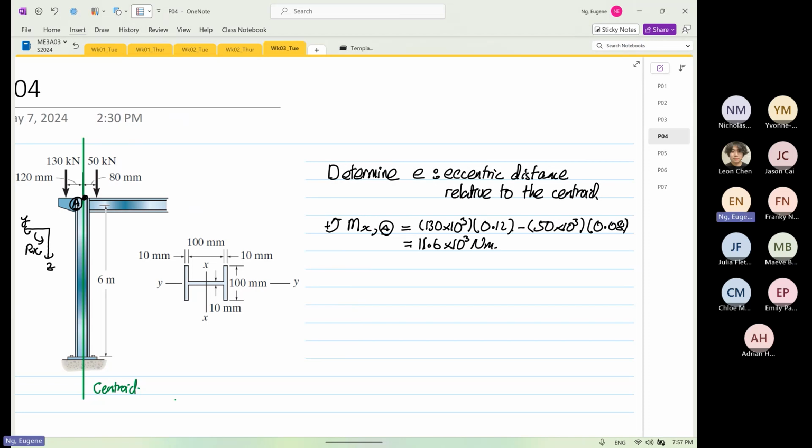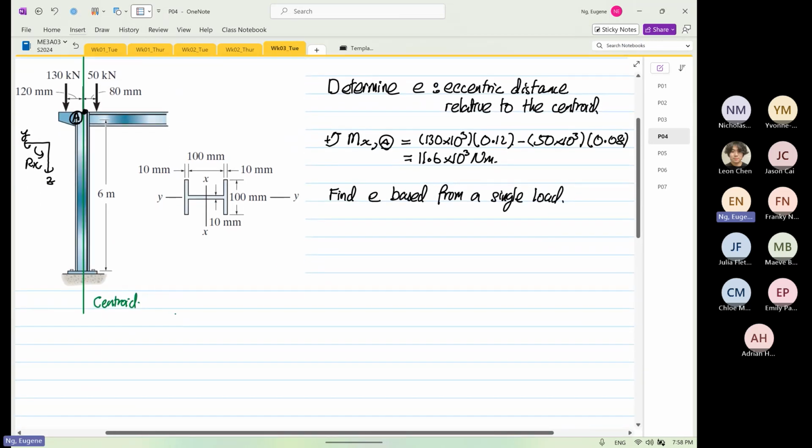So we know, right, that based on this configuration, we have a moment of 11.6 times 10 to the power 3 Newton meter. So what we are trying to do is determine E based on a single load. Okay. So what do I mean by a single load?